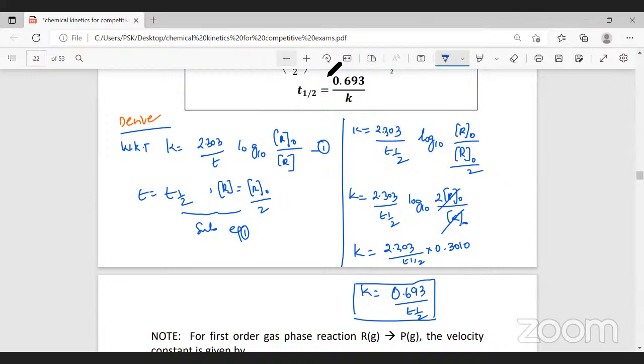All right. Any clarification with these 4 derivations? No, sir. No doubt. Can you do the 4 derivations? Yes, sir.